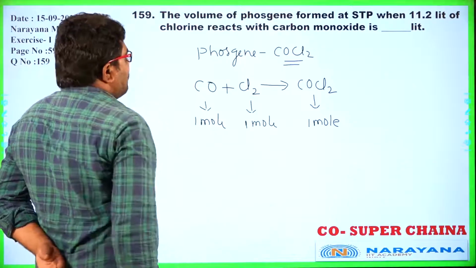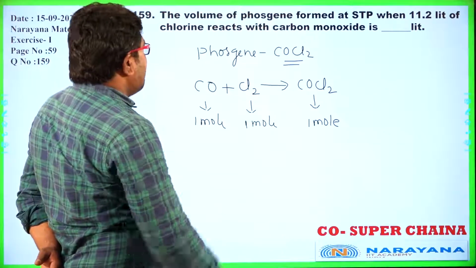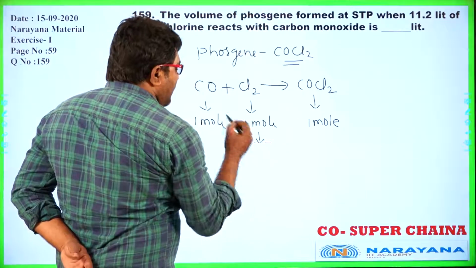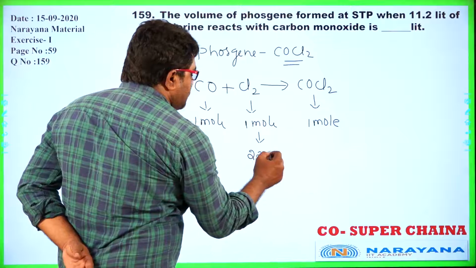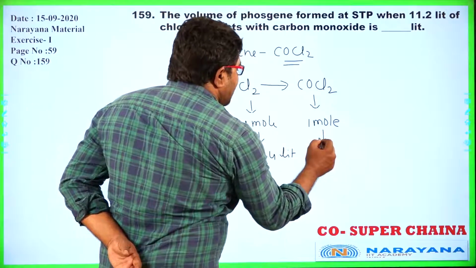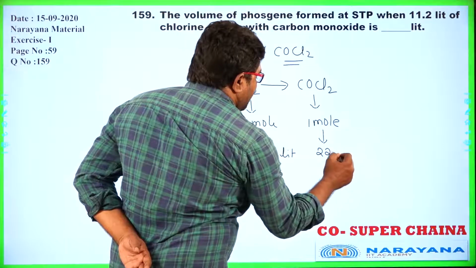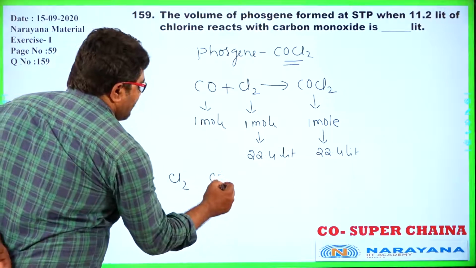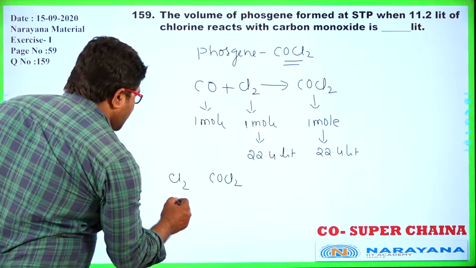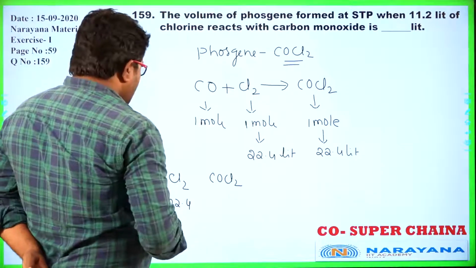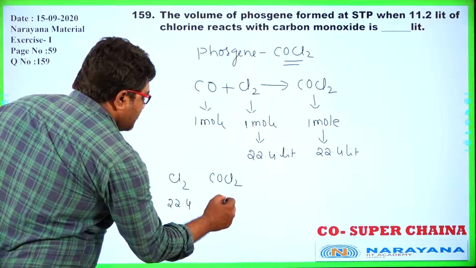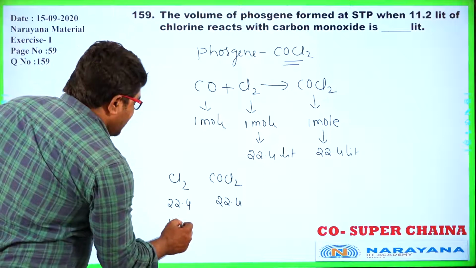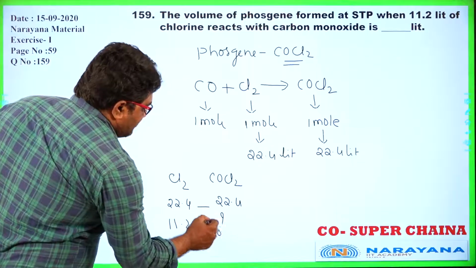How much chlorine reacts with the carbon monoxide, and how much phosgene is formed? 1 mole of any gas occupies 22.4 liters at STP, and here also 22.4 liters. So if you take 22.4 liters of chlorine, 22.4 liters of phosgene is formed, and for 11.2 liters, how much phosgene is formed?